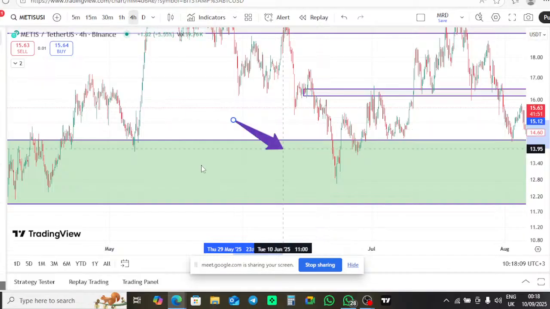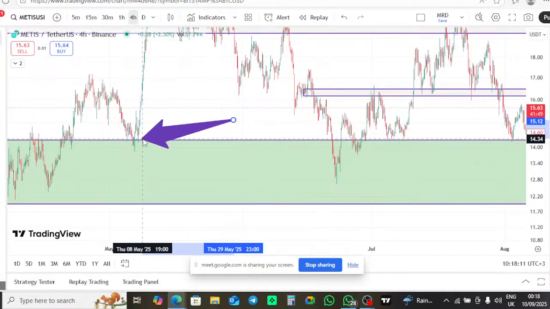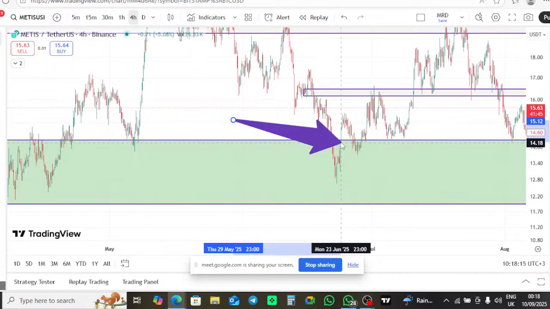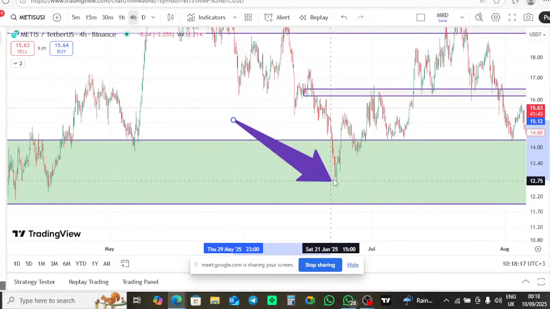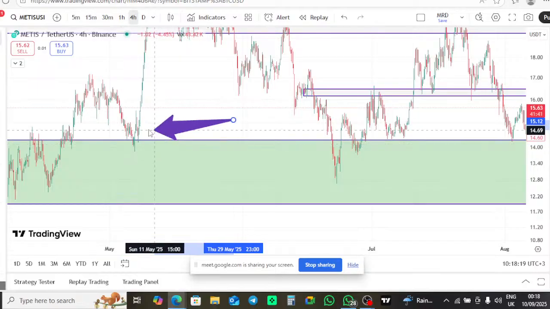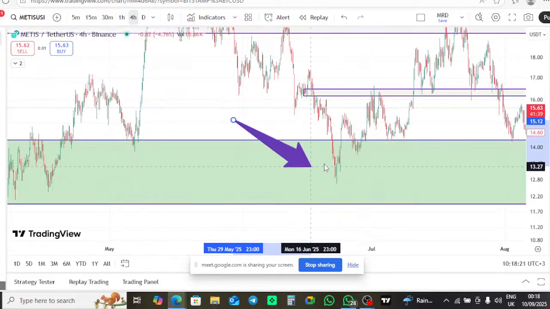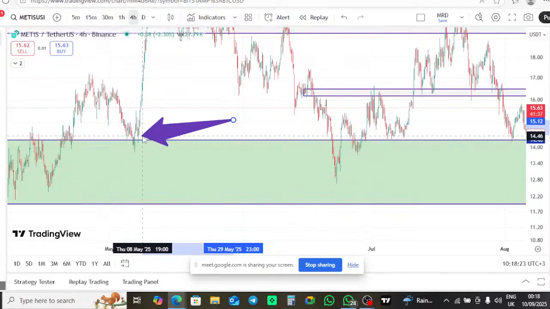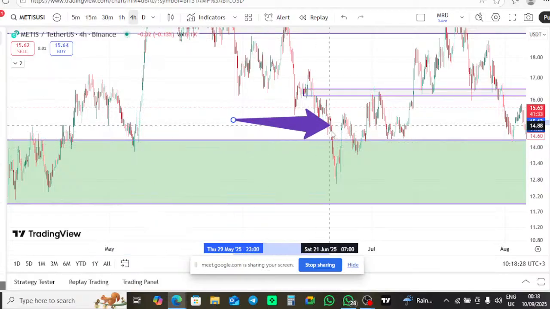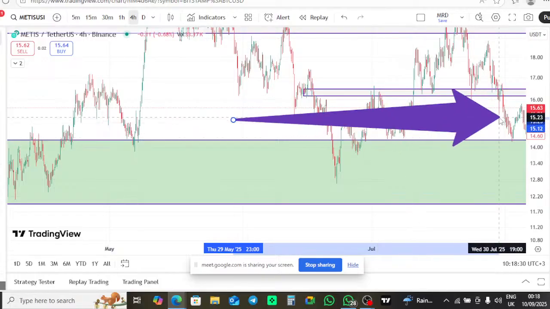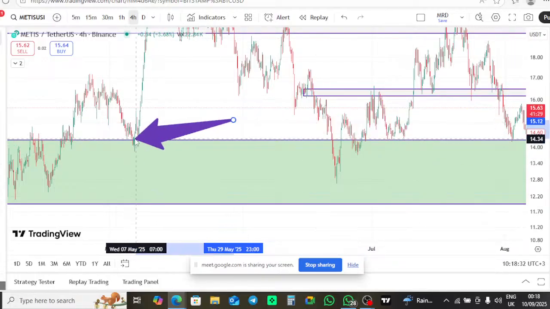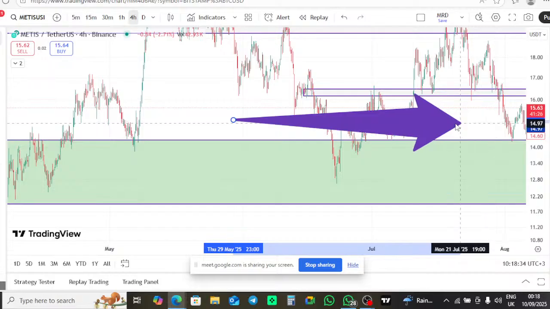Are you getting the point? Therefore, if I'm drawing the line, I will not leave behind this point because it is lower than this. I will consider the whole candles and draw my line. Since the market tested here and here and here and here, this qualifies to be my support line.